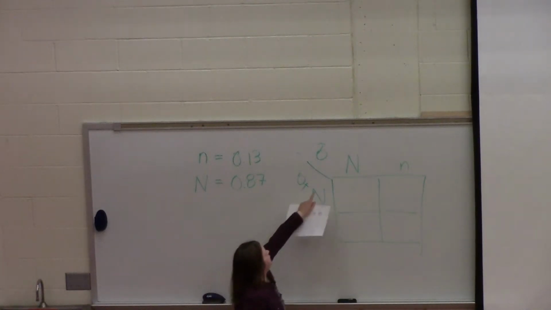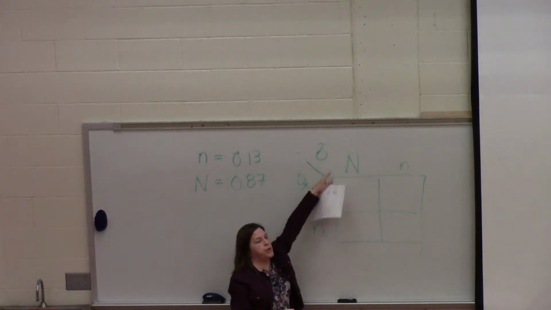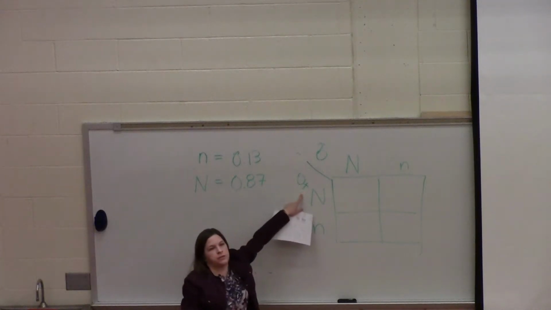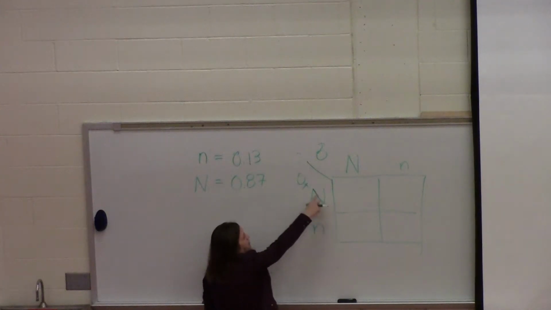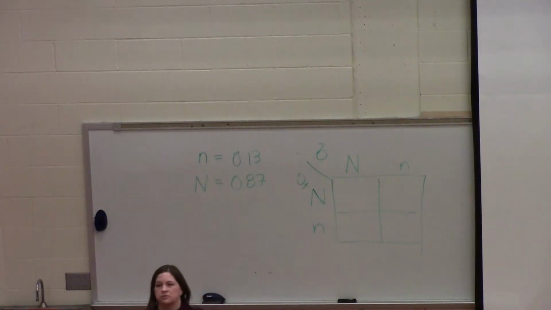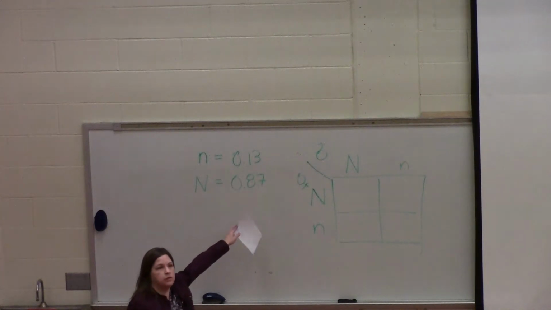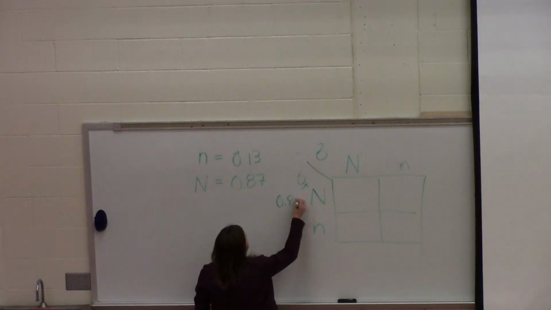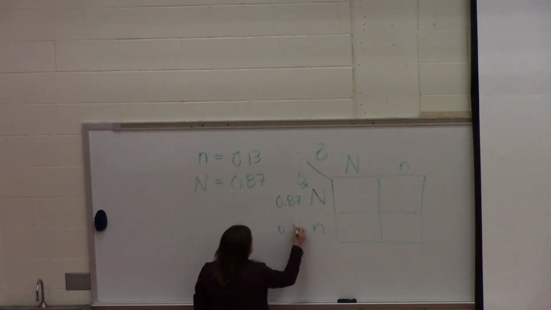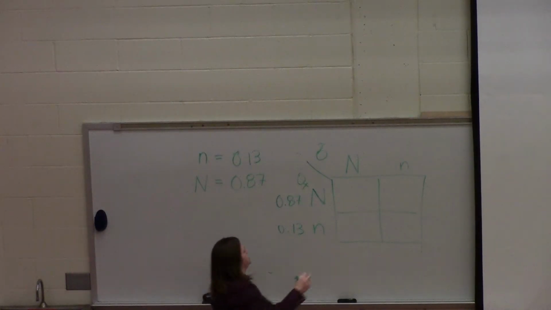In this case, we're thinking about a group of male dogs randomly chosen from the breed, a group of female dogs randomly chosen from the breed. So in that case, I have to consider these aren't at equal frequency, right? There's more of that big N allele, thankfully, than that little n allele. So I'm going to write out here to make sure I remember that those frequencies are 0.87 and 0.13.